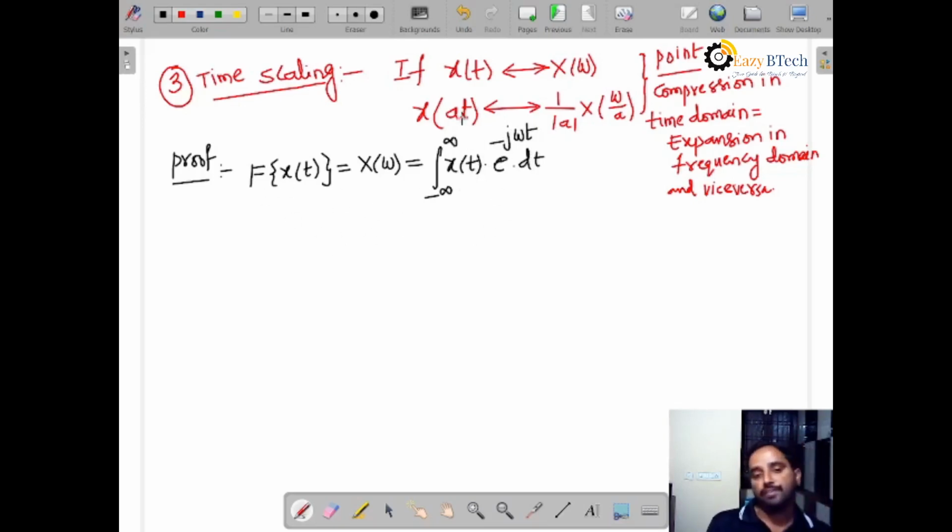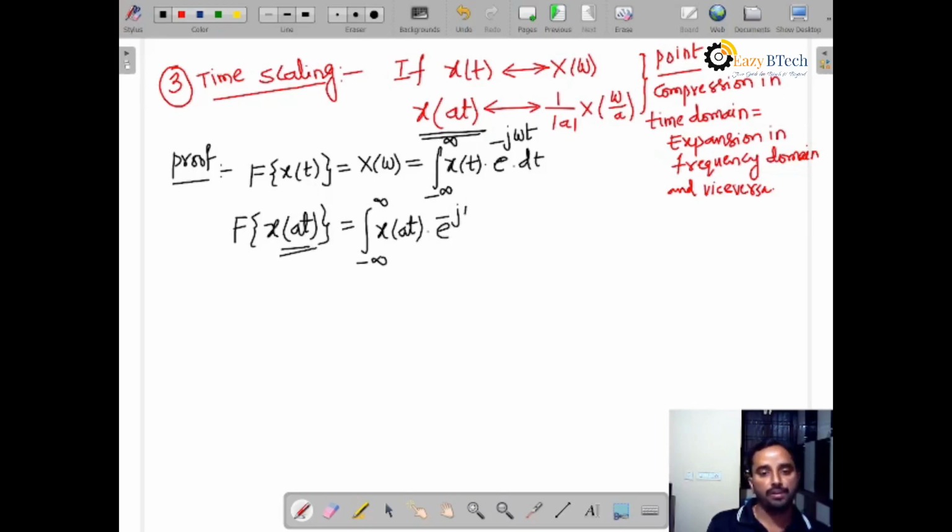Then we want the Fourier transform of x of at. It doesn't mean that t is equal to at, don't understand it like that. The signal is now x of at. So how do we write this Fourier transform? Integral from minus infinity to plus infinity, here in the place of the signal x of t, we have x of at, and the remaining e power minus j omega t dt is the same.